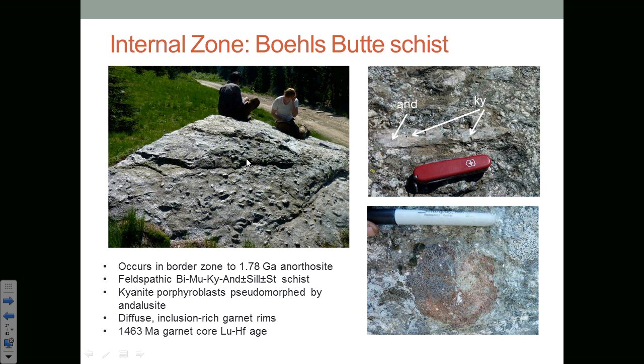But this rock, the basement schist unit in the internal zone, is called the Boehls Butte schist, and it's associated with a Paleoproterozoic anorthosite. And the interpretation in terms of the petrogenesis of this rock is that the anorthosite intruded 1.78 billion years ago, and when it intruded, the rocks surrounding it were metamorphosed in a contact aureole, and these are sediments.